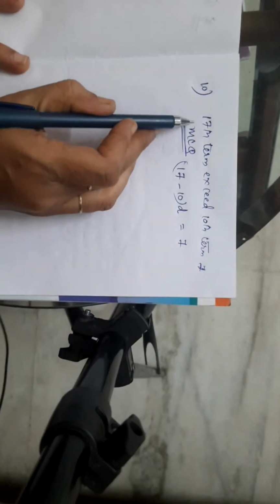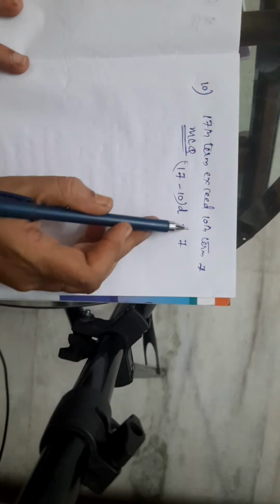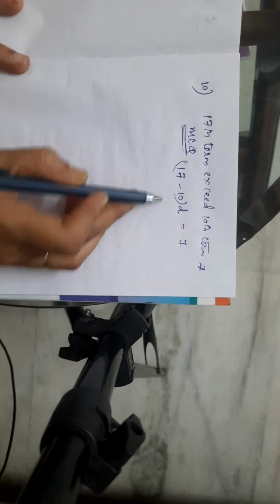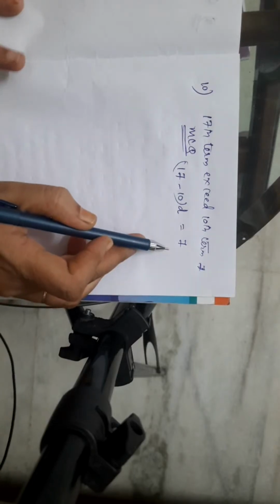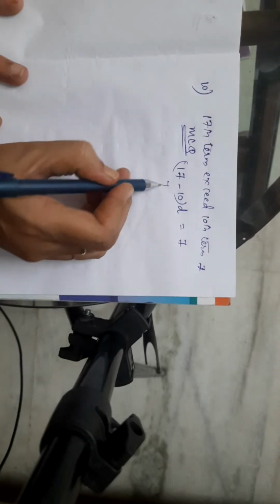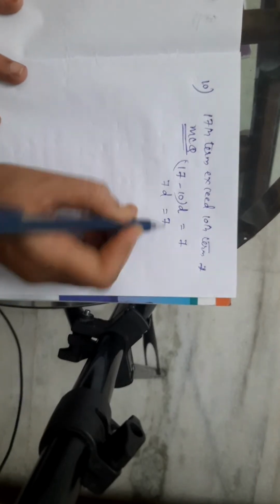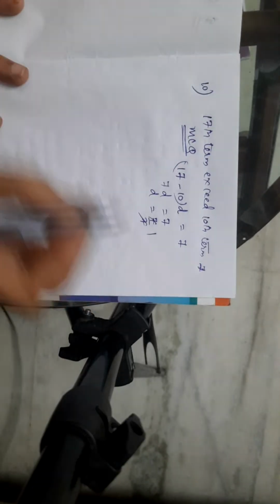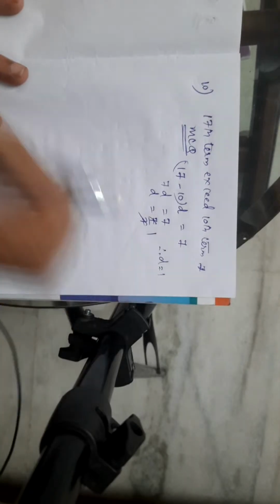Here it was given the 17th term exceeds the 10th term. So 17 minus 10 multiplied by d is 7. Now subtract them. 17 minus 10, it's 7. 7d is 7. So d is 7 upon 7, 1. So finally we got d as 1.